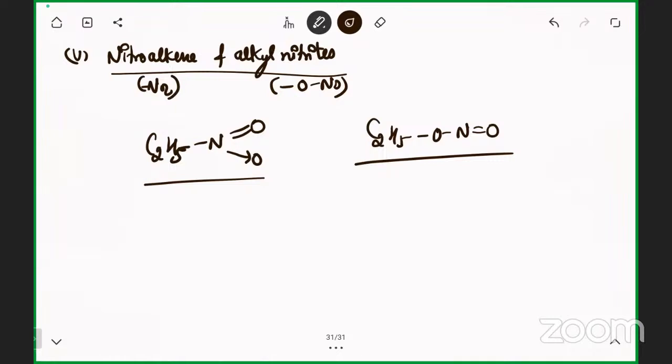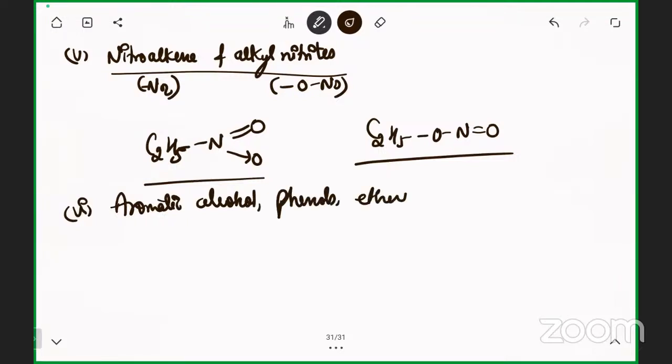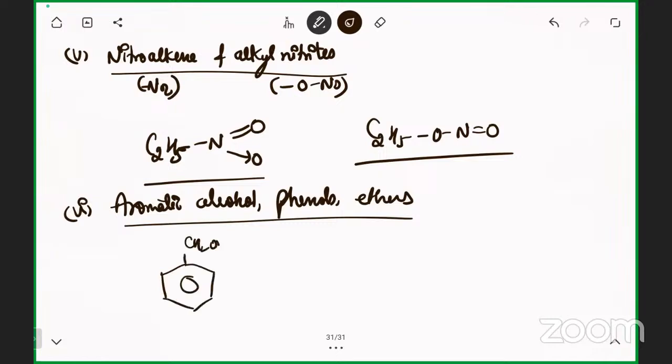Okay. The last type I'm taking of functional group is aromatic alcohols, phenols and ether. Take this compound. Benzene, over it we have CH2OH. First compound is known as what?